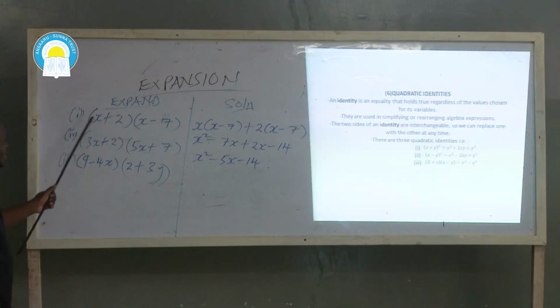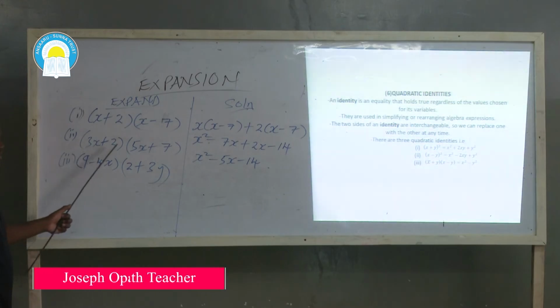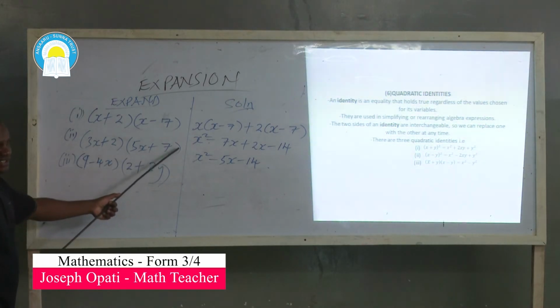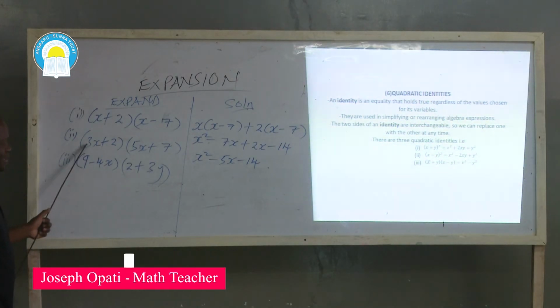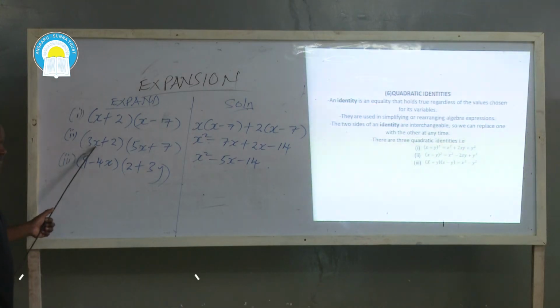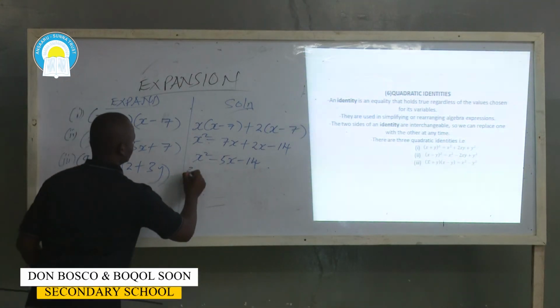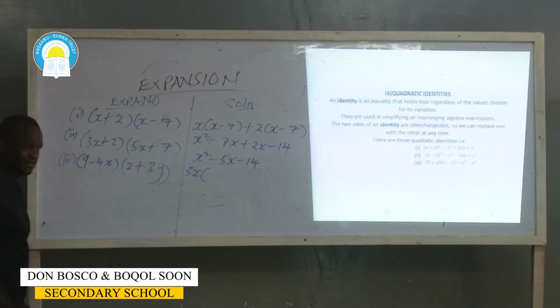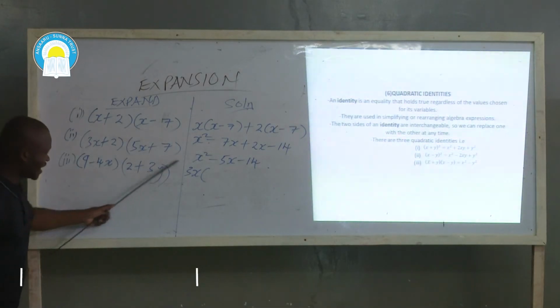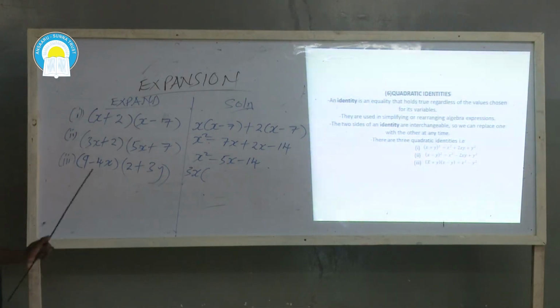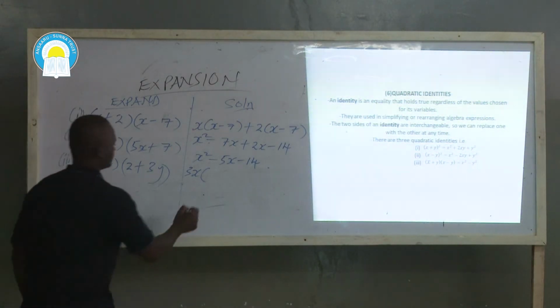Now we go to the second question. The approach will be similar to that. So you take the first term in the first bracket times the entire second bracket. So what shall we have here? 3x times the entire second bracket given by 5x plus 7.